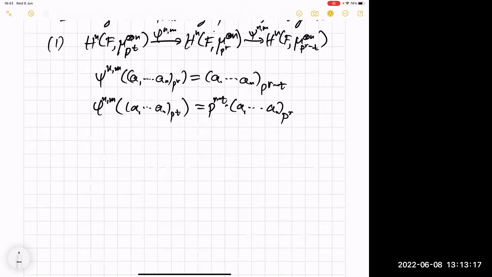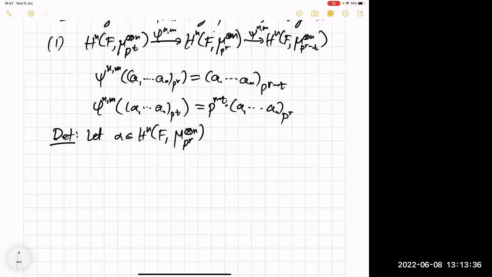So definition: let alpha in H^n be just an element in the middle.